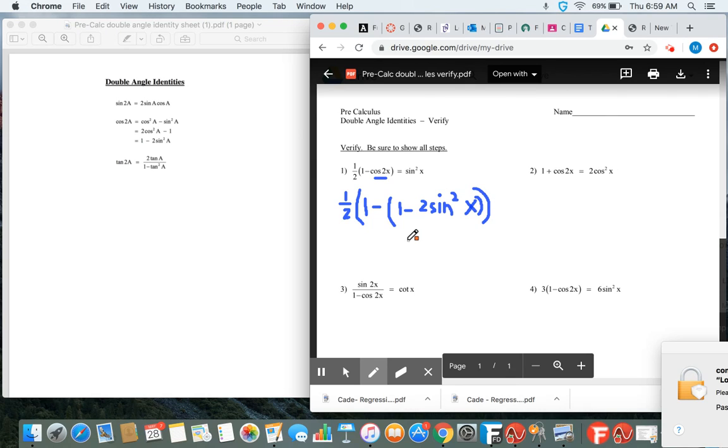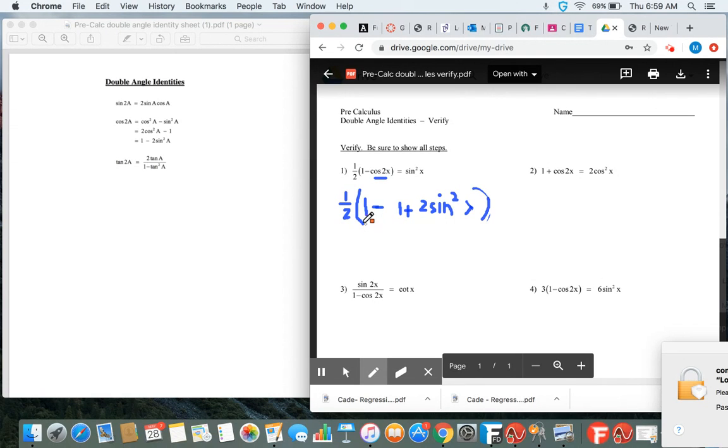So work inside the parentheses. We have a negative here that we'll distribute. Because it's not the easiest to write on this, I'm just going to erase some stuff, and I think you'll be able to follow along. So if I distribute this negative, my signs are just going to change. So it's going to become a negative 1 plus 2 sine squared x, right?